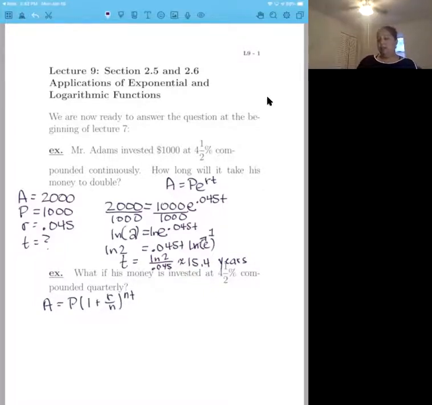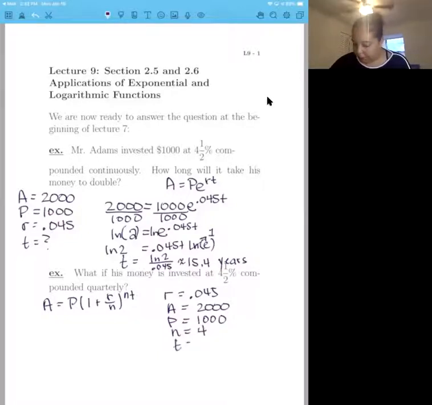In this case, again, my r is going to be 0.045. My A is still 2,000. My P is still 1,000. And it's compounded quarterly, so that means my n is 4. And I'm still looking for t, my time.